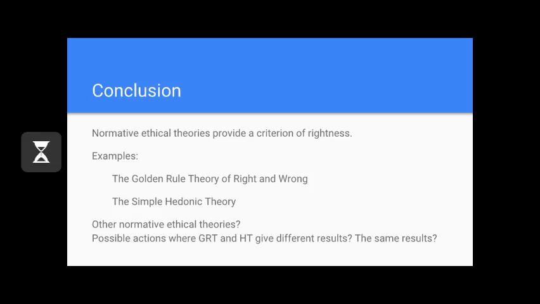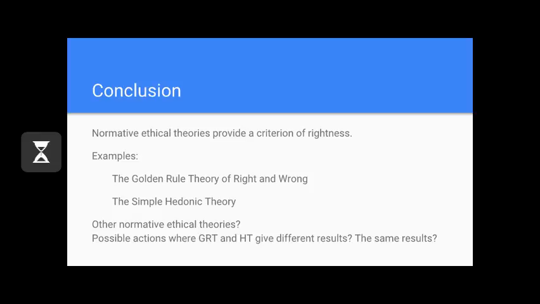We considered the examples of the golden rule theory and the simple hedonic theory, and we observed that the golden rule theory is a non-consequentialist theory, and the hedonic theory is a consequentialist theory. So according to the golden rule theory, it's not the case that the consequences of an action determine its moral status, whereas according to the hedonic theory, it is the case that the consequences of an action determine its moral status.